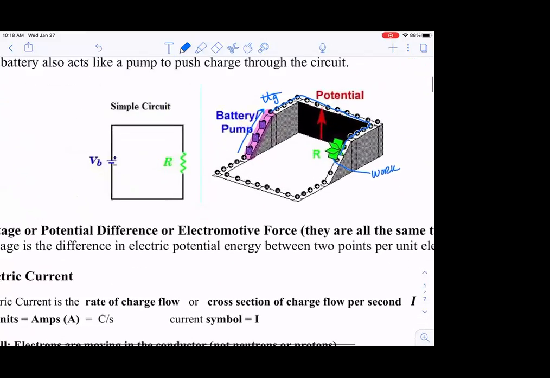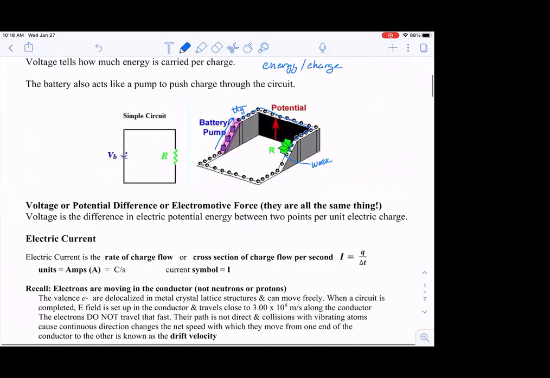Let's see, other reminders. Voltage, potential difference, and electromotive force are all the same thing, depending on who you're talking to. If somebody's rewiring your house, they're going to call it voltage. If you talk to a physicist, they're going to say potential difference.